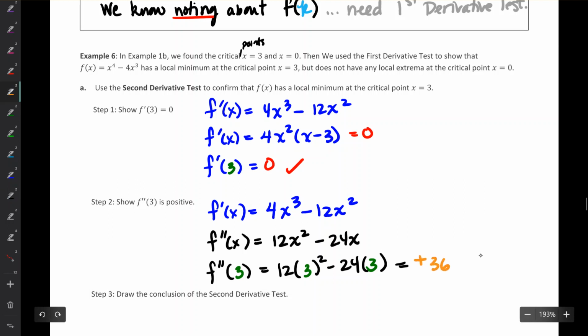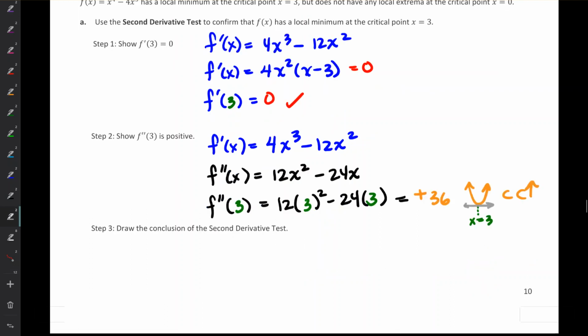So what do we know? We know f must be concave up at that value x equals 3. Concave up with that horizontal tangent means that we have a local min. Let's go ahead and write that.